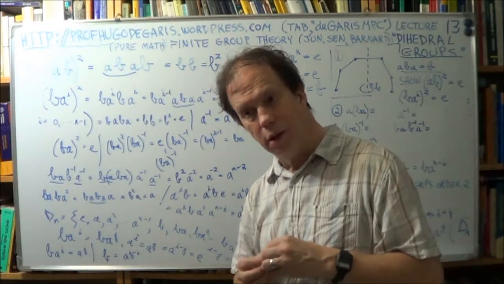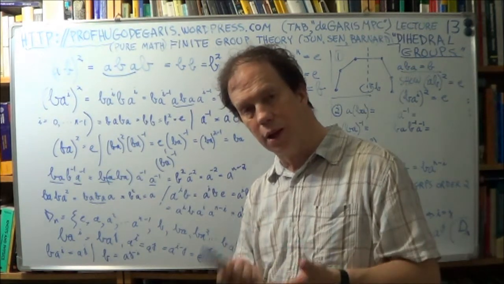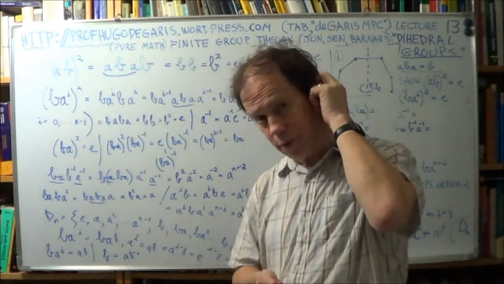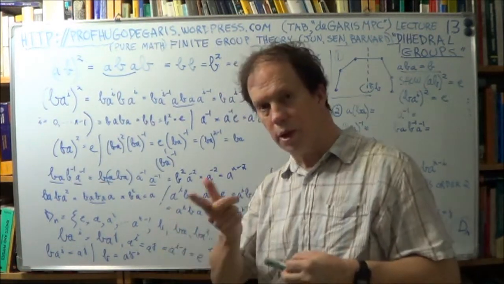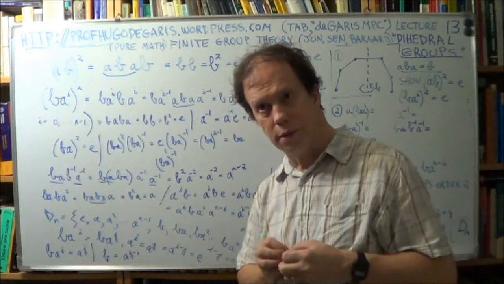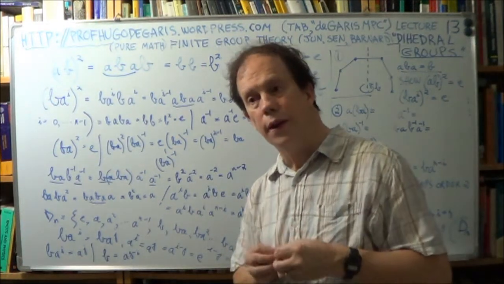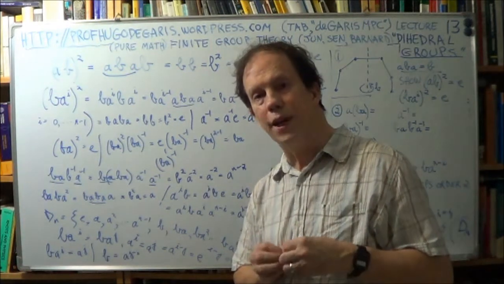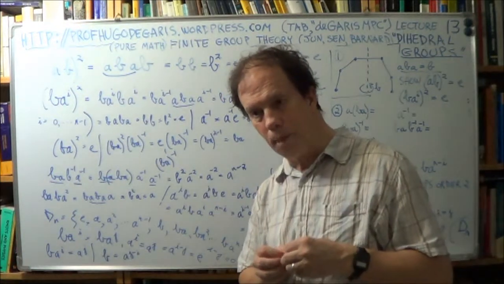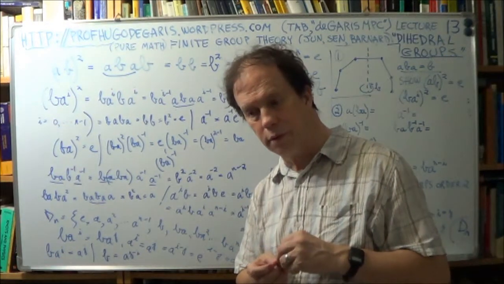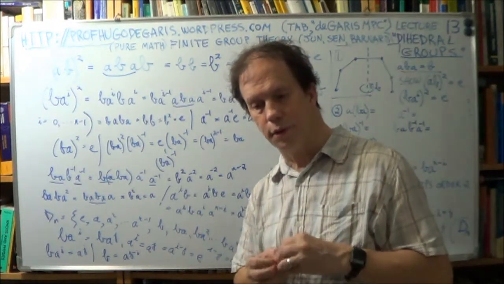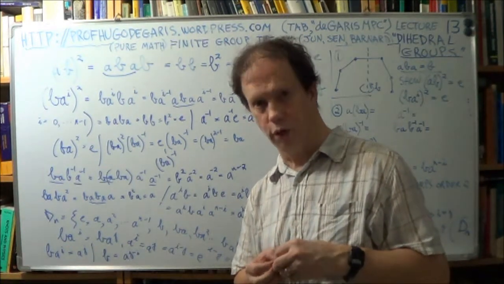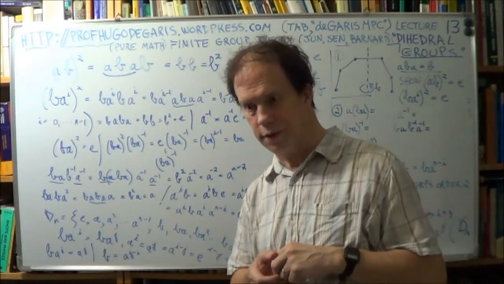So you're now beginning to classify groups of a given order. In 2 lectures from now, we will answer the question for order up to 8: how many different types of groups are there of order 2, of order 3, of order 4, 5, 6, 7, 8?